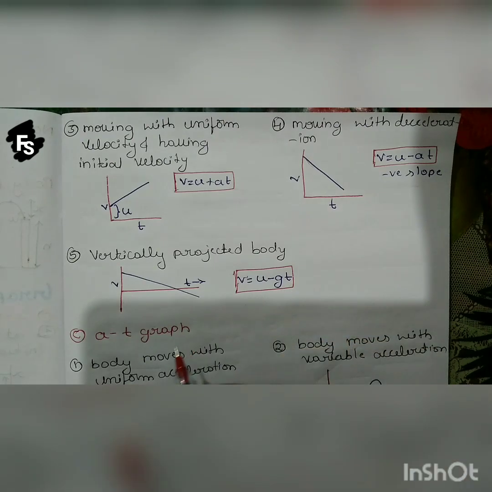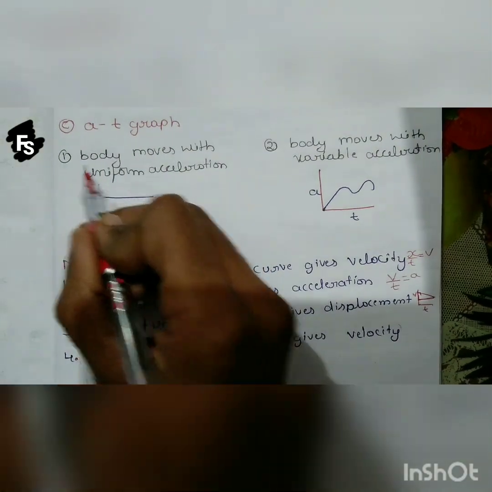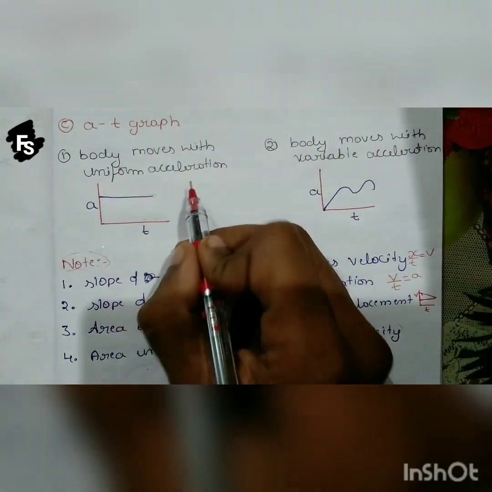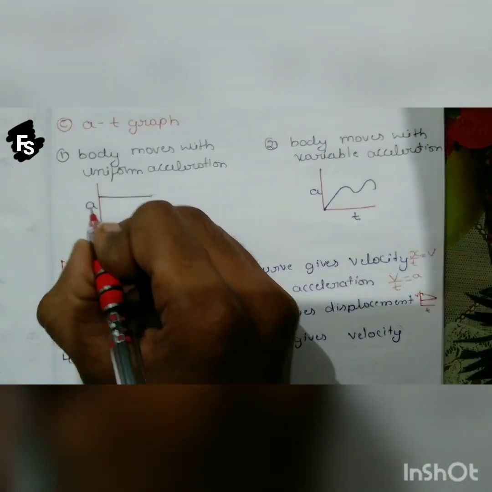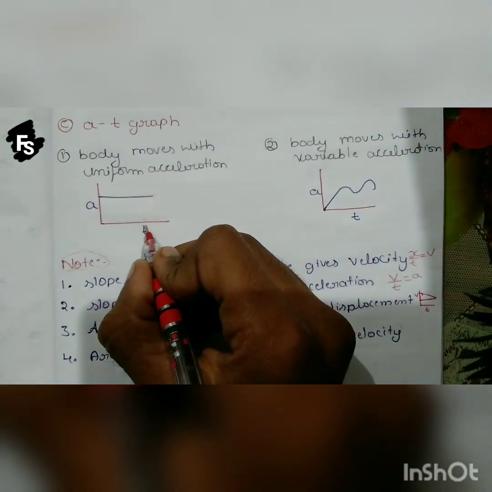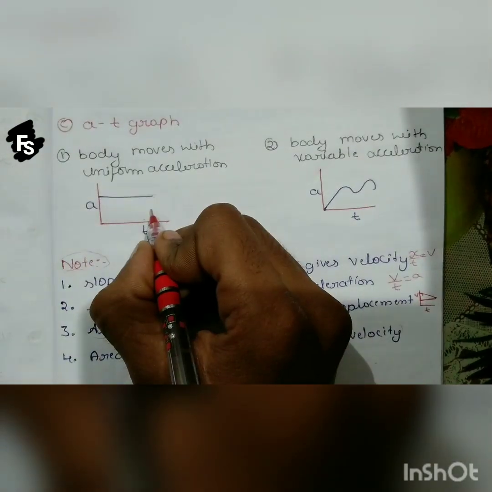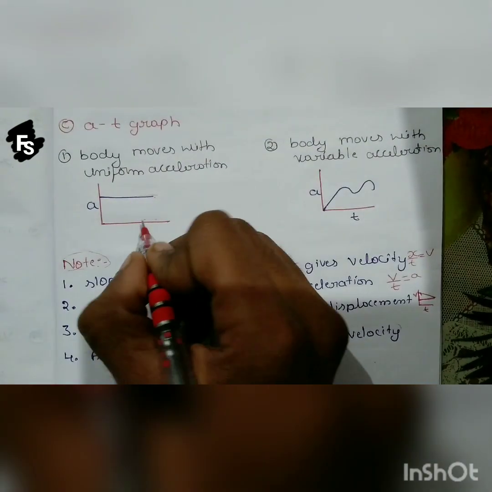Then we move on to AT graphs. First graph is body moves with uniform velocity, meaning acceleration equals 0. See here, acceleration equals 0, but time is going on like that. The graph would be a straight line parallel to the x-axis.